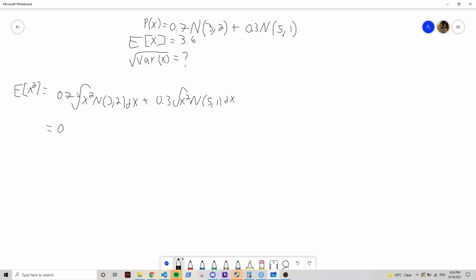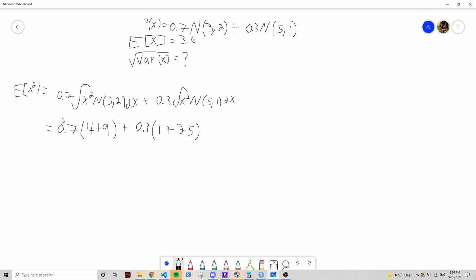Okay, so this is 0.7 times sigma squared, which is 4, plus mu squared, which is 9, plus 0.3 times sigma squared plus mu squared.